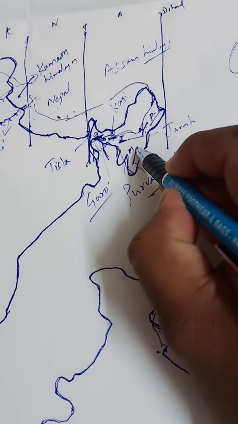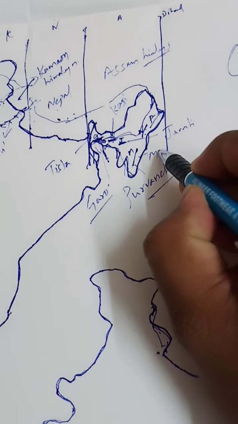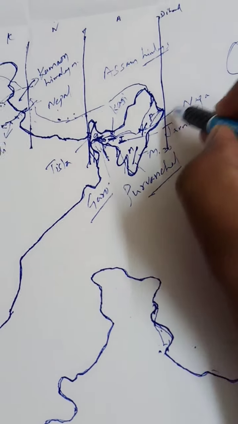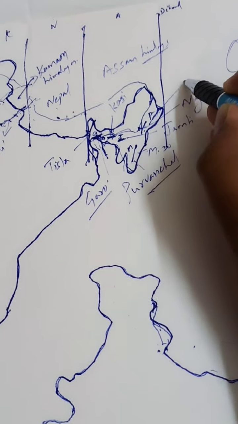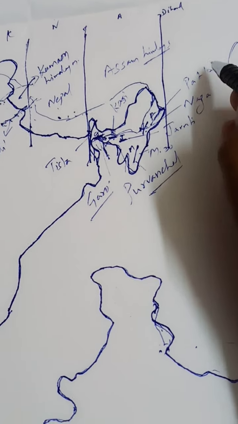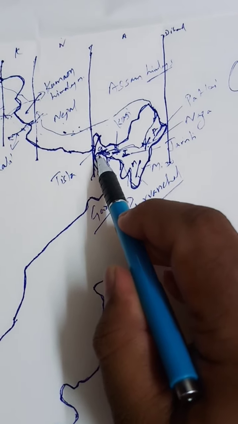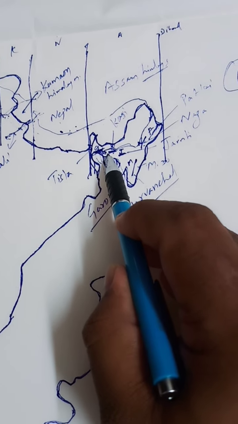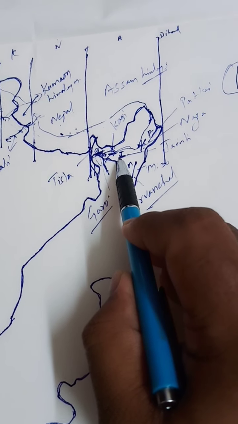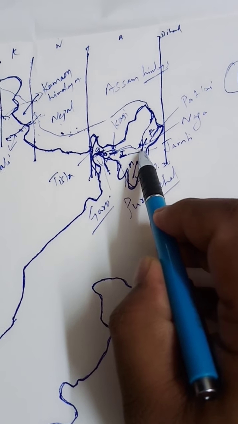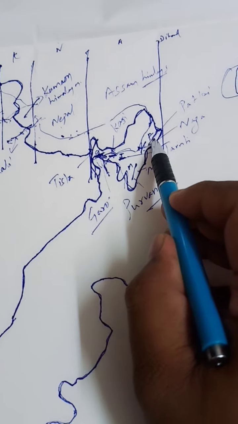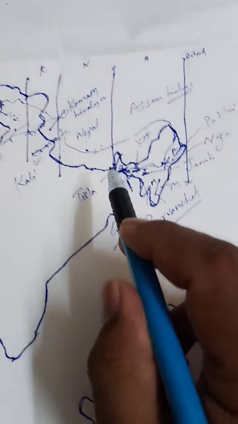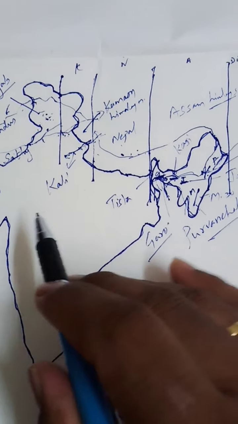Then you have Mizo Hills over here. You have Naga Hills over here. You have Patkai Hills over here. I hope it's clear. So what are those Purvanchal hills? Well-known Purvanchal hills: Garo Hills, Khasi Hills or Khasi Range, then Jayanti, then Mizo Hills, then you have Naga Hills and Patkai. So kids, please draw and learn on a physical map as I had explained over here.